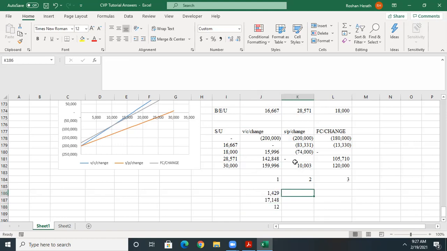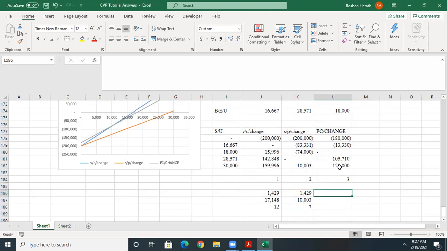So for the next one, at the same unit level, 1,429, the profit has changed by 10,003. So if you take that 10,003 divided by 1,429, it's 7.